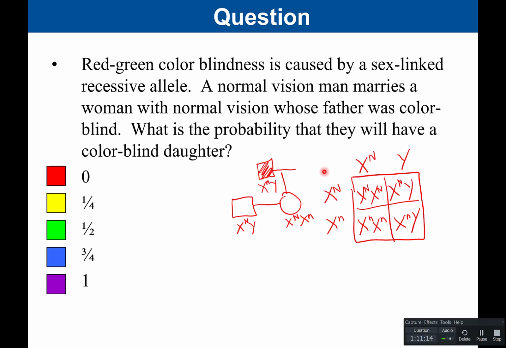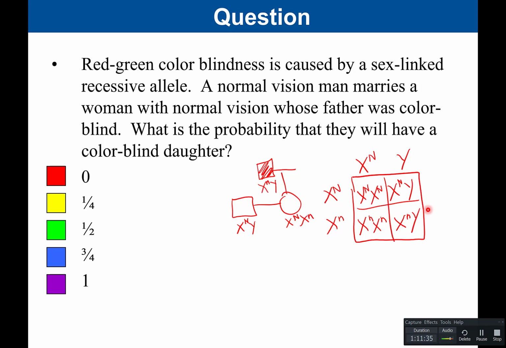So here is our Punnett Square. So notice this man is normal vision, so X^N Y. Female is a carrier. She is X^N X^n. So we fill in our Punnett Square: X^N X^N, X^N Y, X^N X^n, X^n Y.